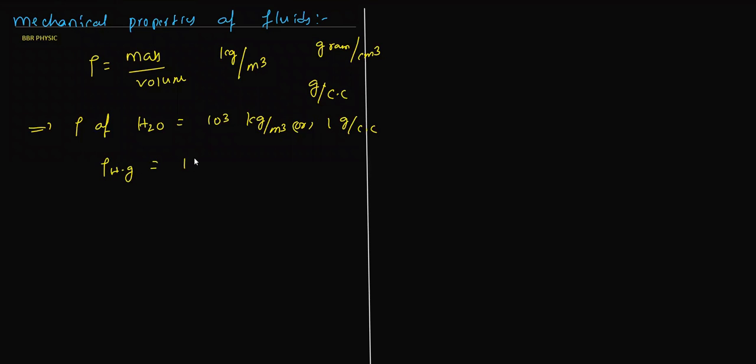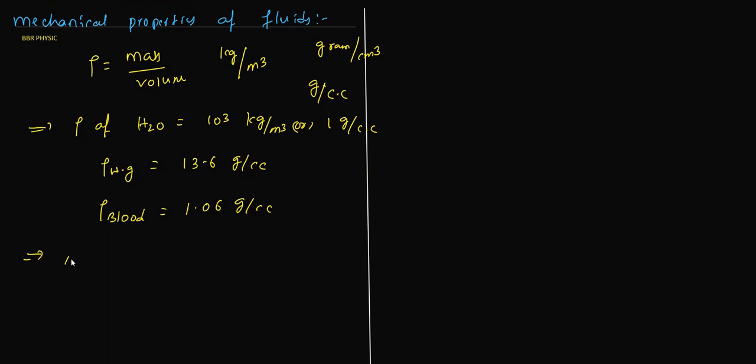Density of mercury is 13.6 gram per cc, which you can convert to kg per meter cube also. Density of blood is 1.06 gram per cc, which we need to remember. Density expressed in gram per cc is also called relative density or specific density. You will get this terminology in numericals.